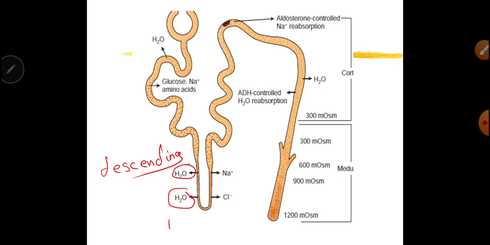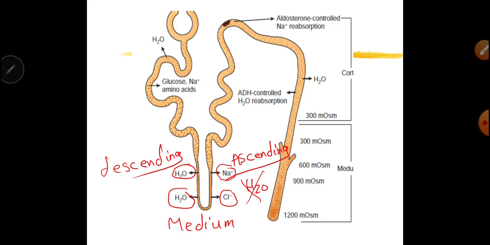Now the medium around the tubules will be less concentrated, and to prevent this and to prevent the loss of the ability for the reabsorption of water, the ascending loop will prevent the reabsorption of water, so no water will be reabsorbed in the ascending loop. Only the chloride and the sodium will be reabsorbed in the ascending loop of the kidney.